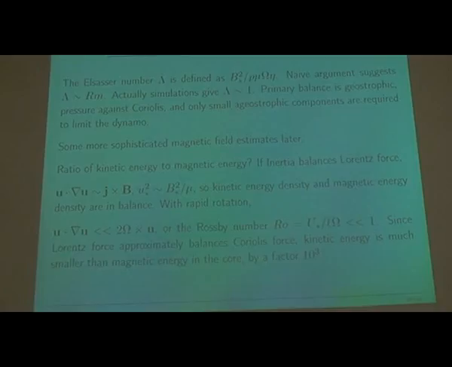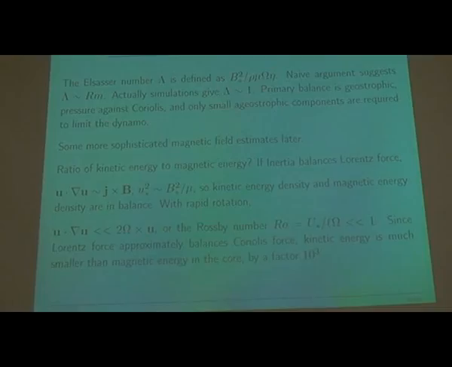Now there are a few other things that are rather different about planetary dynamos and solar and stellar dynamos and galactic dynamos. Let's see, some of them are mentioned here. Well, I've said here this thing called the Elsasser number, which we're going to use quite a lot, and that's something which is roughly order 1, because I said that the B that's seen on the Earth is comparable to that unit.